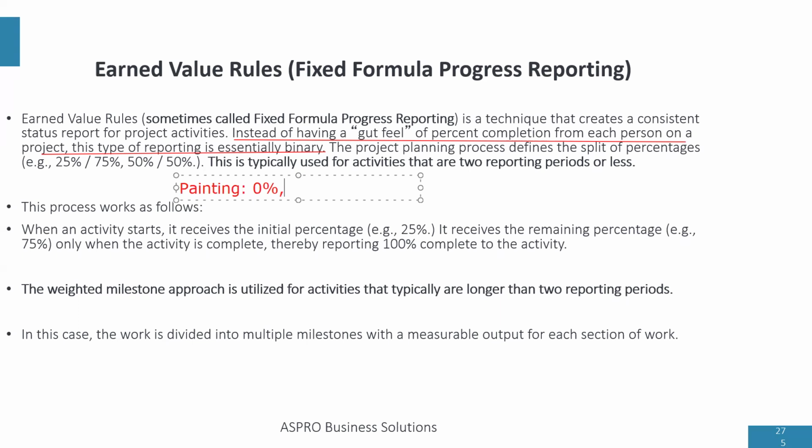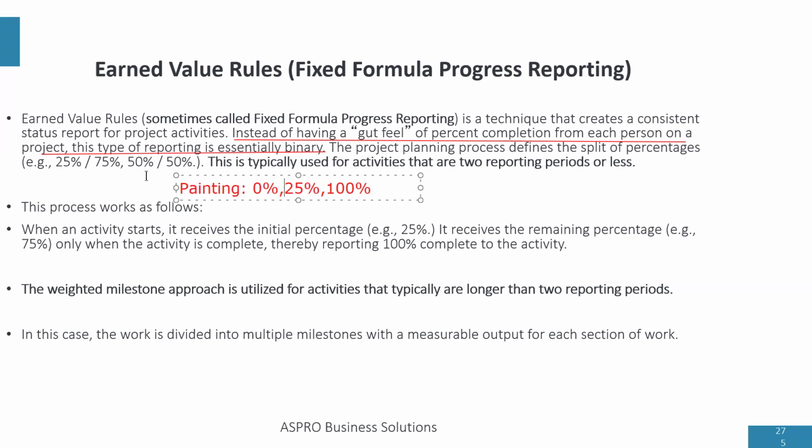Now, the moment the task starts, I'm going to immediately record 25%. And when the task finishes, the remaining 75% is added, making 100% complete, right? So this is how it will read: 0%, 25%, and 100%.